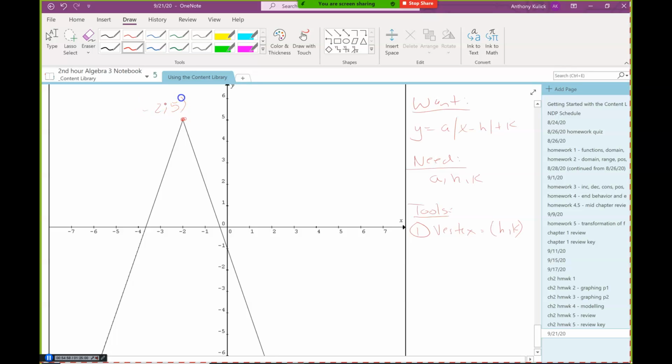That's the point (-2, 5). So I can immediately say that h is -2 and k is +5. Everybody feel okay doing that? That's two-thirds of the way done right there. And we didn't have to do anything tricky. That's pretty nice, right?